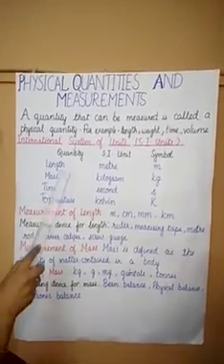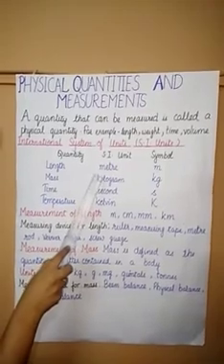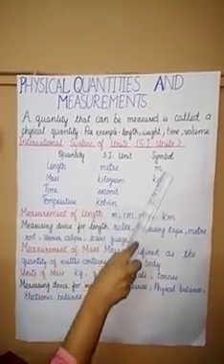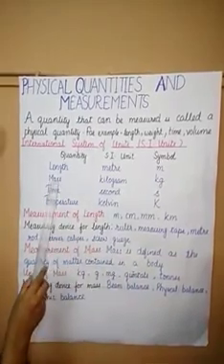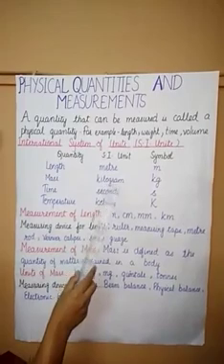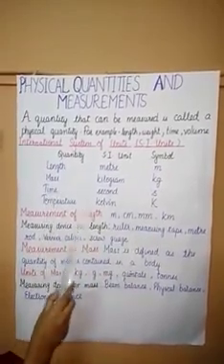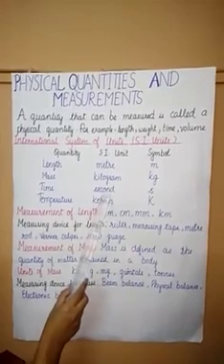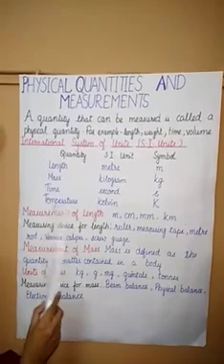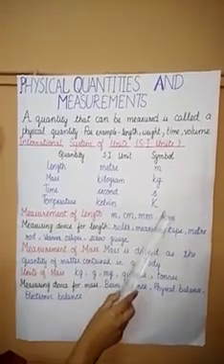The SI unit for length is meter, and the symbol we use for meter is small m. The SI unit for mass is kilogram, and the symbol is kg. The SI unit for time is second, and the symbol is small s. The SI unit for temperature is Kelvin, and we use the symbol capital K.